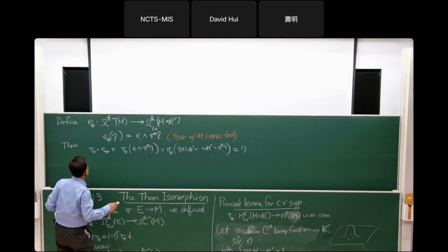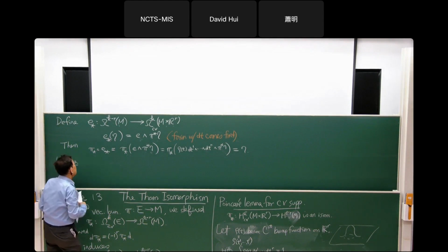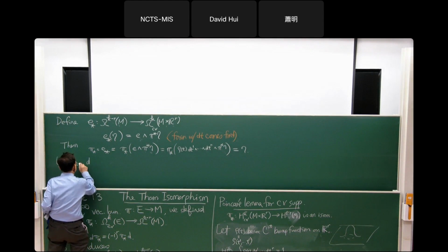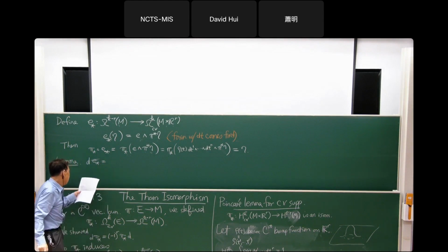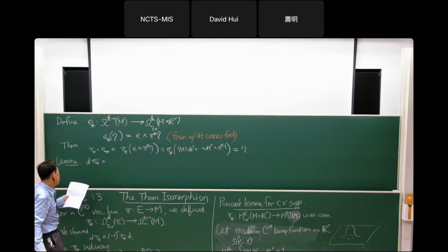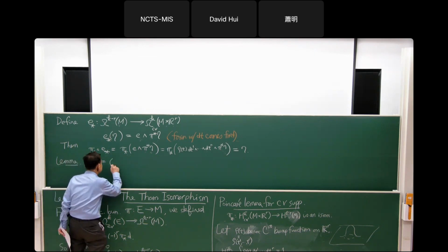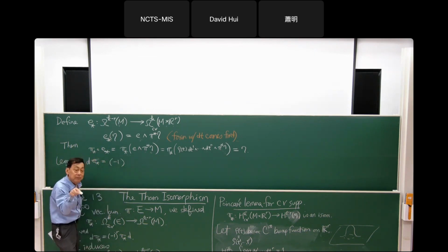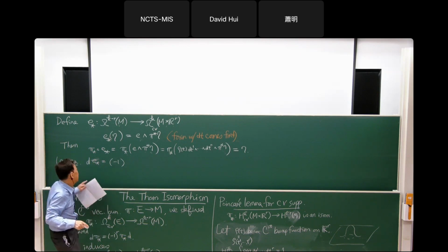Oh, yes, but then we have to check that E lower star commutes with D up to sign. Now E lower star has degree R. I didn't check this, because I checked it only for degree 1, and the sign was -1.